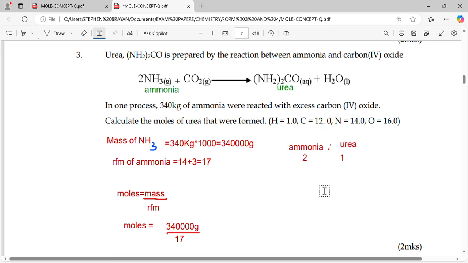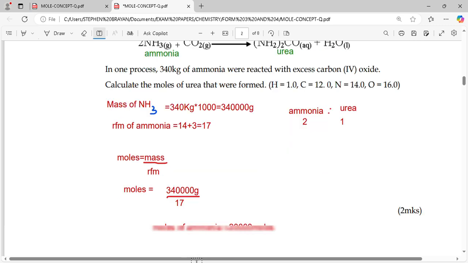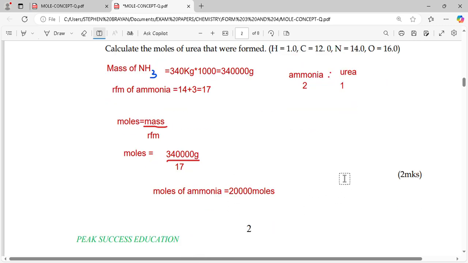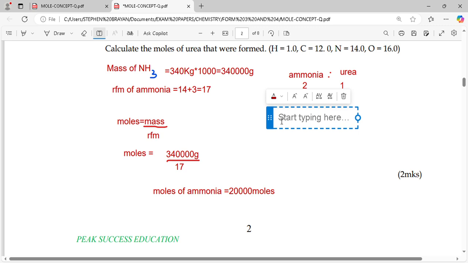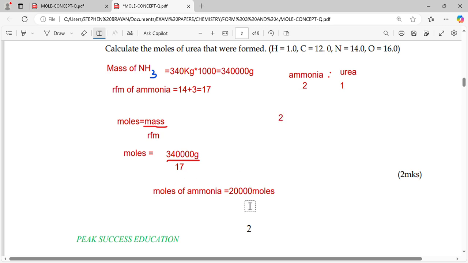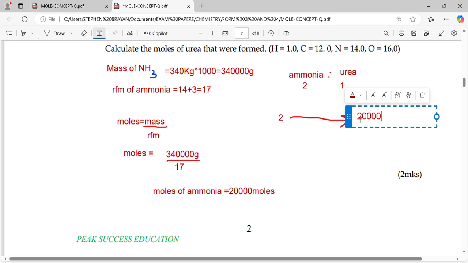Already we have the moles of ammonia as 20,000. That means the 2 for ammonia has already produced 20,000 moles. So you say, if 2 has produced 20,000 moles, what about the 1 for urea?